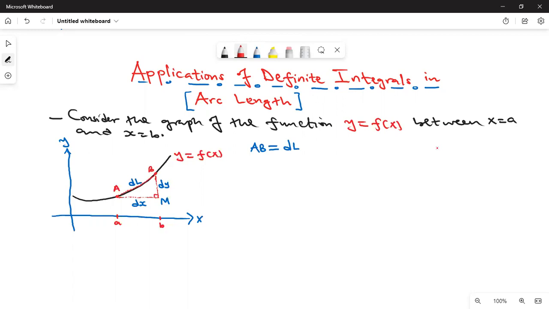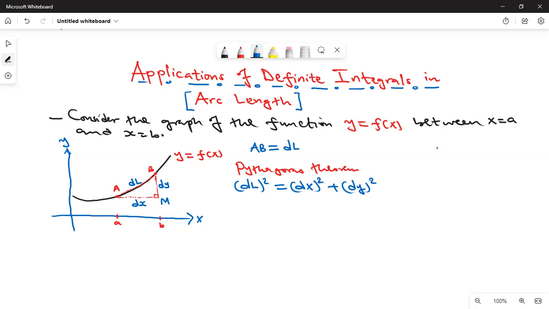So we are using Pythagoras theorem. From that triangle, hypotenuse squared, the dl squared, is equal to dx squared plus dy squared.